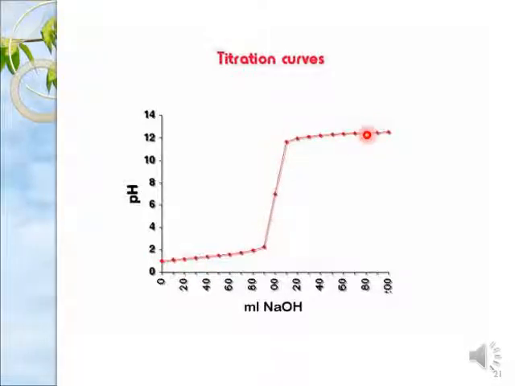Weak acid, strong base, or weak base, strong acid will also show you the same pattern. The difference would only be that it starts in the basic range and then finishes in the acid range. So this one is an S, and this one is the inverted S shape. That is the only difference.